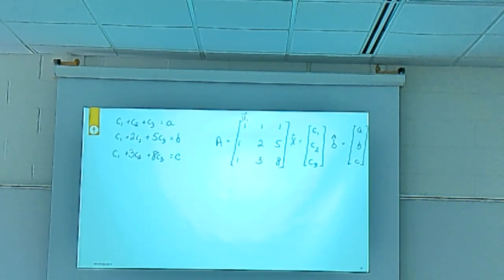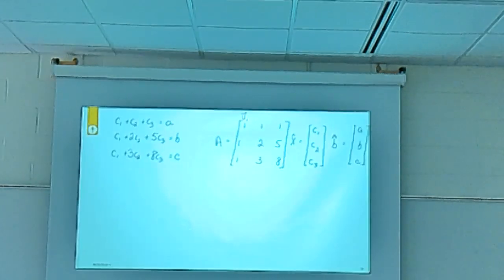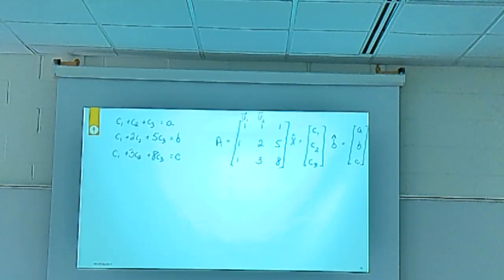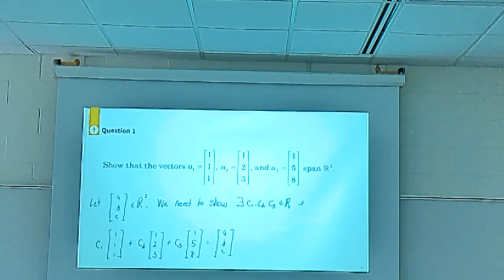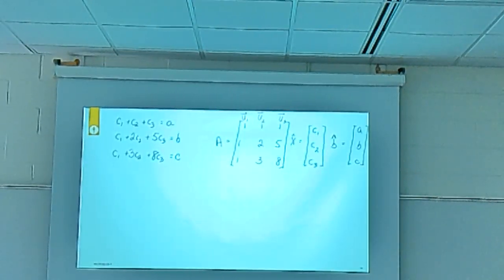What about the second column of A? It's u2. And the third column? u3. And b hat? It's just our arbitrarily chosen vector, right? It's called blue.